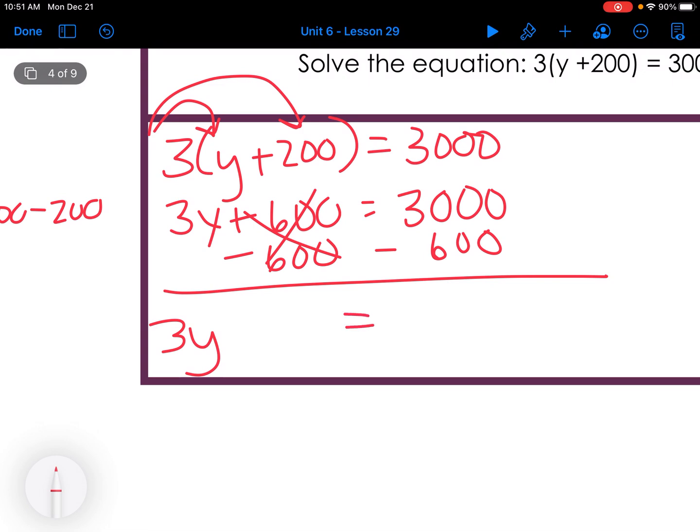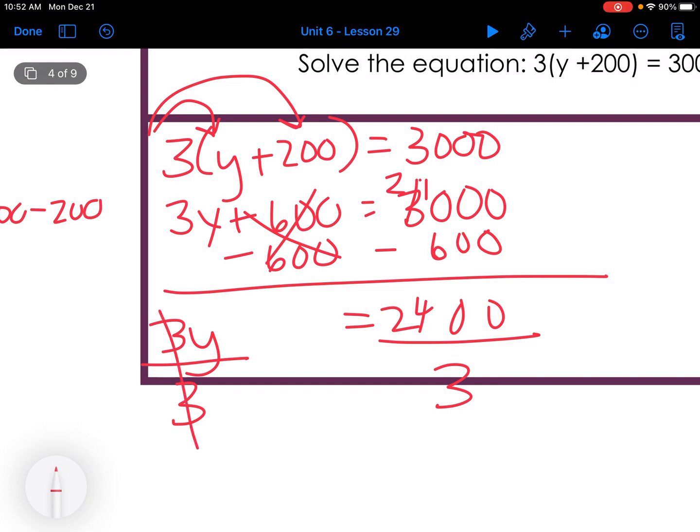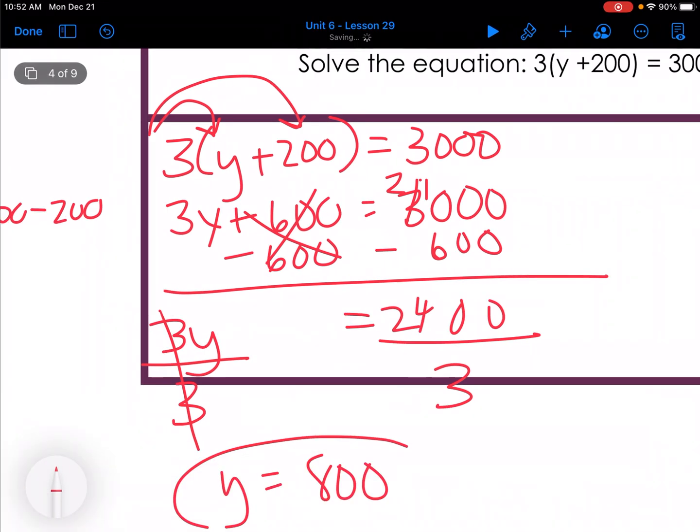So I have 3y equals 2,400, and then I'm going to split so I can figure out for 1. I want to solve for 1y. So I'm left with y equals 800, which is what I came up with on my hanger diagram.